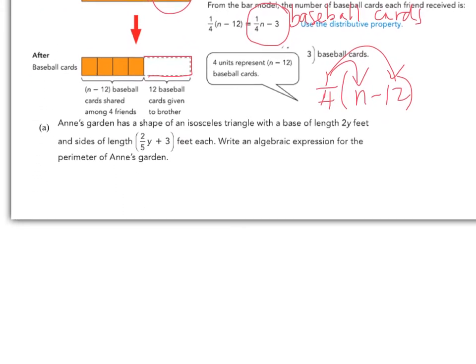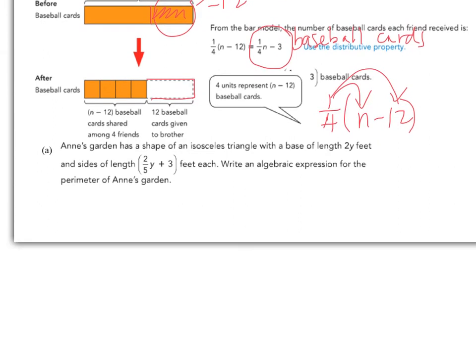All right, now, Anne's garden here is not done for us, so this one we need to actually work out. I'm going to have you try to work it out on your own, and then I will go over it with you. So here we go. Anne's garden has the shape of an isosceles triangle, so the first thing I would do is freeze the page first and draw an isosceles triangle.